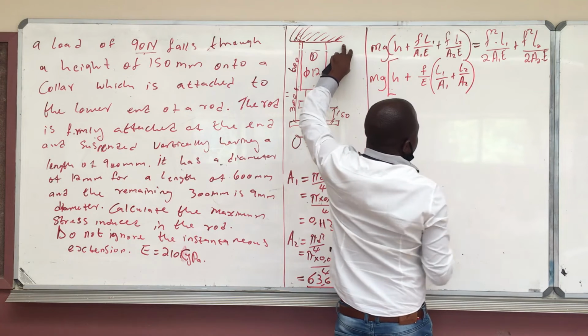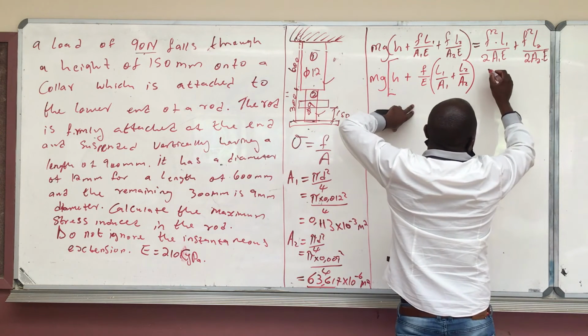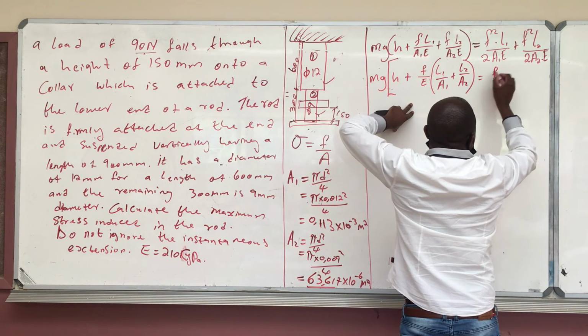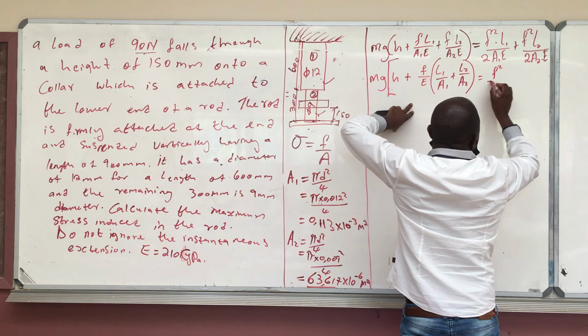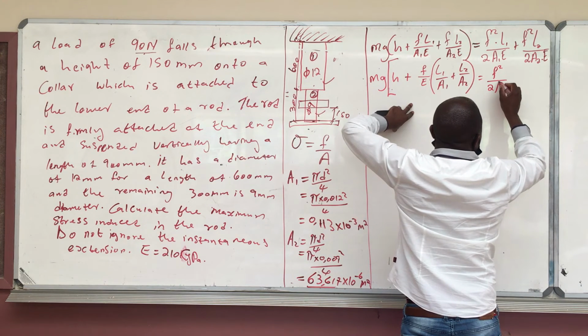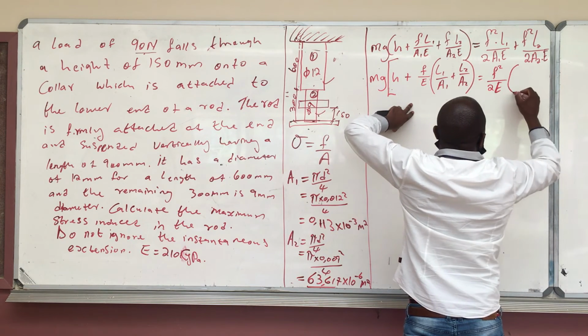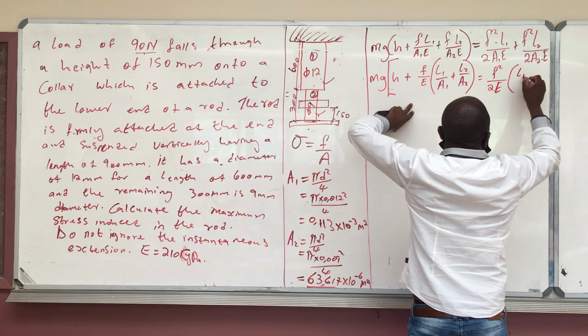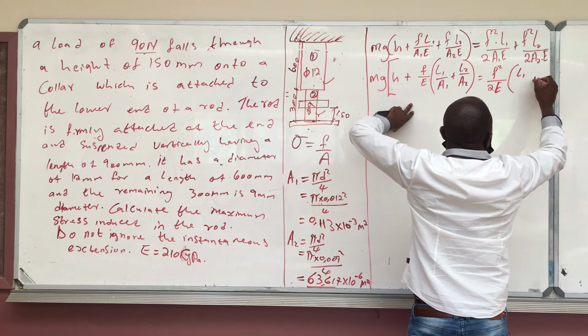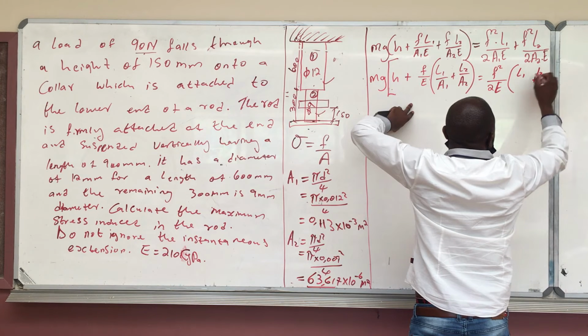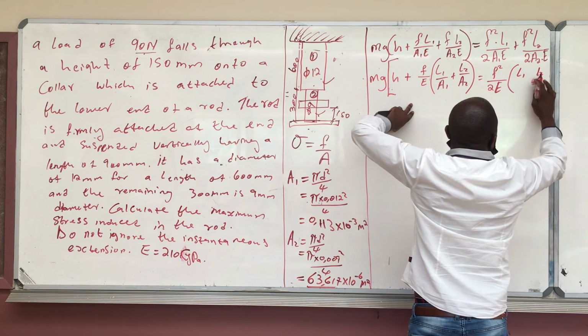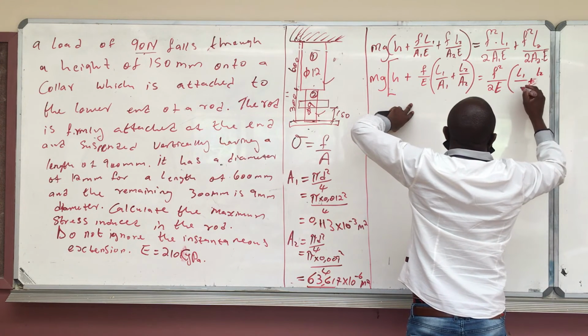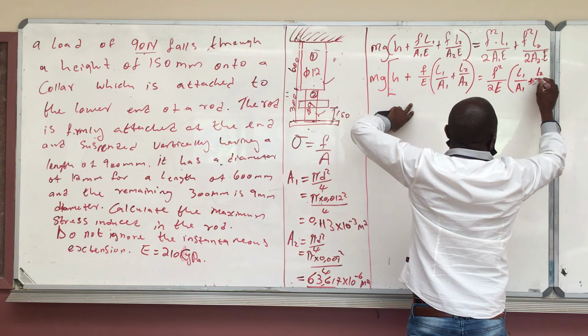I close the brackets. Same applies. F squared is common over 2E. Then I'm left with what? 1 plus L2 over A1 over A2.